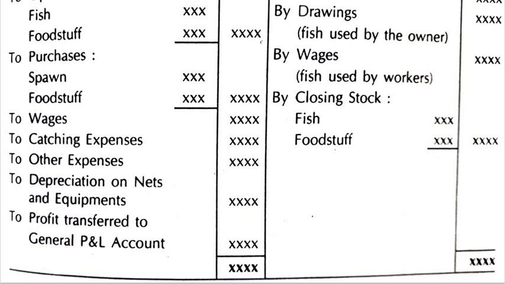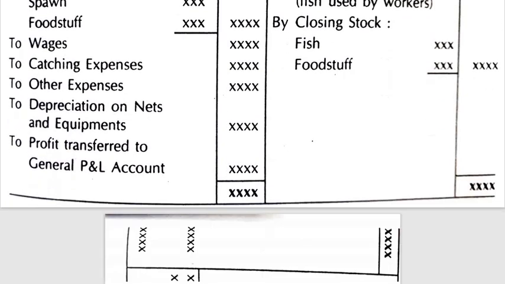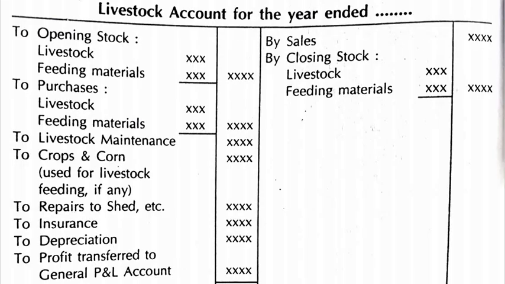Okay, so that is nothing but sericultural activities. Next comes the livestock activity. Now livestock activity is nothing but wherein you're using the sheep or pigs or horse or bull for cultivating the land, and this is how the livestock account is being prepared.